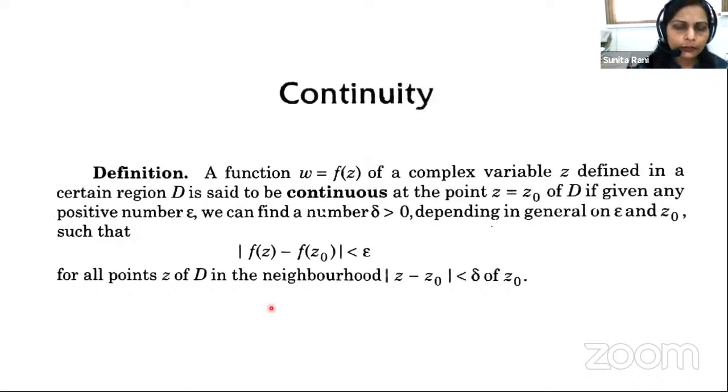Next is continuity of a function of a complex variable. For a function W of a complex variable Z, similar lines we can write: in region D it is continuous at the point Z naught. But here there is a difference. For a positive number epsilon greater than 0, there exists delta greater than 0.